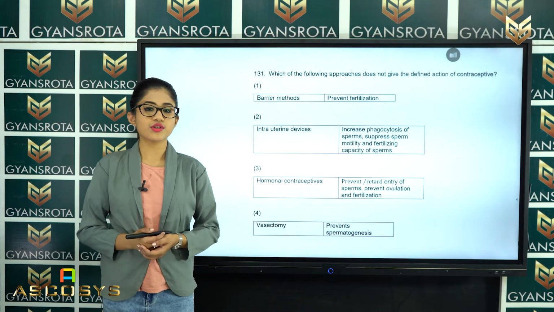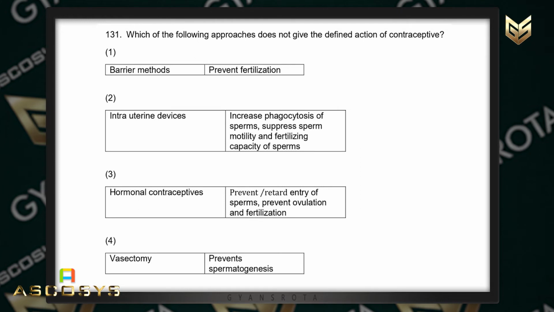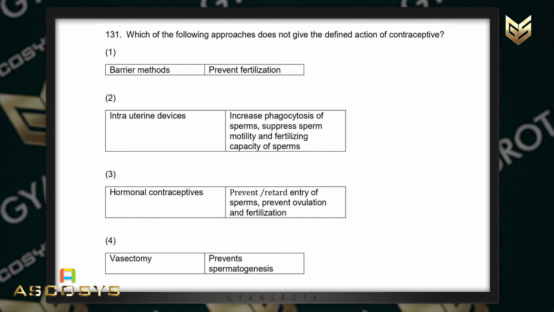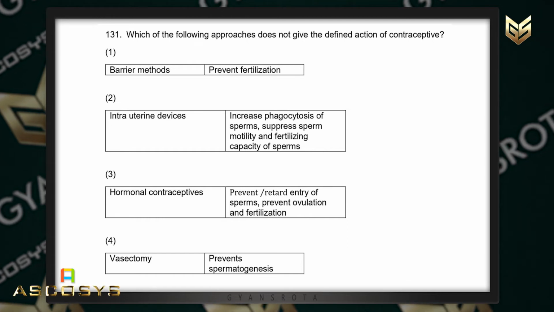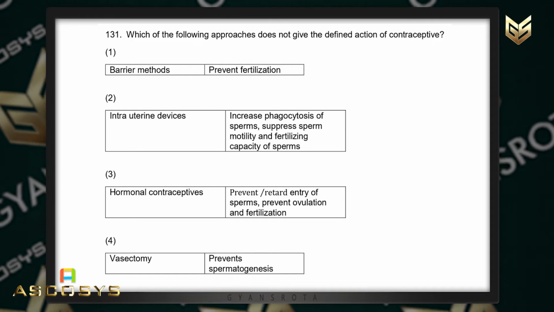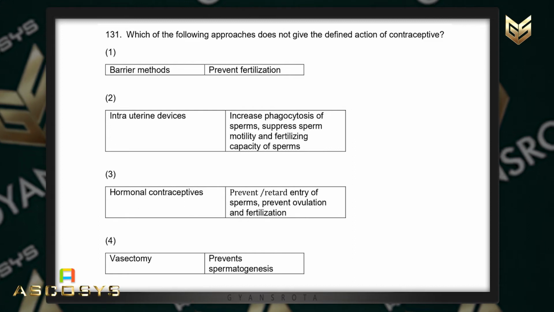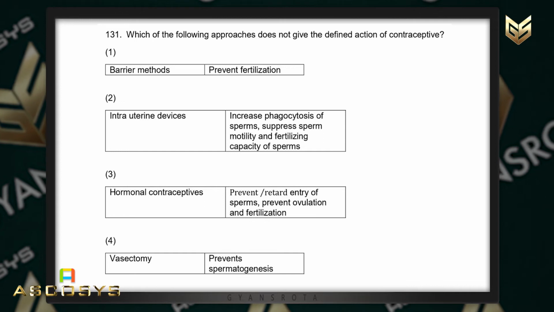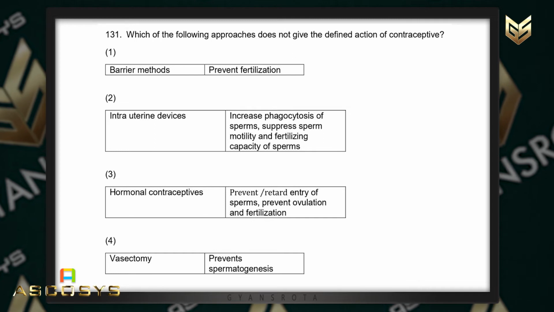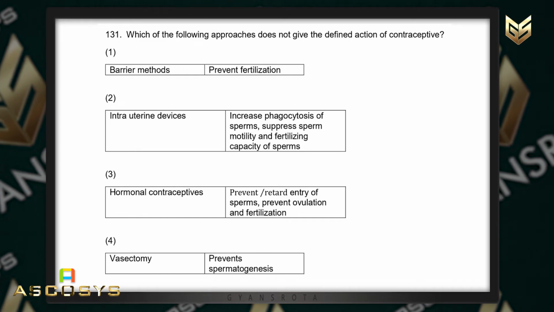Now, the next question is question number 131. Which of the following approaches does not give the defined action of contraceptive? First is barrier methods prevent fertilization. Second is intrauterine devices increase the phagocytosis of the sperms, suppress the sperm motility and fertilizing capacity of sperms. Third is hormonal contraceptive, it prevents or retards the entry of the sperms, which further prevents ovulation and fertilization.